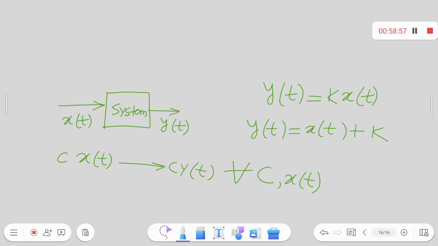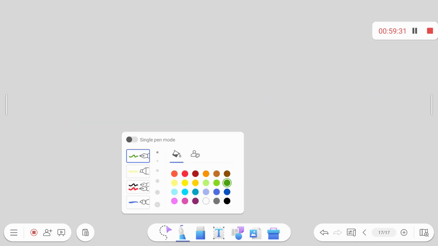No. a x of t plus c is additive? No. It has to be additive but not homogeneous. Very tricky. I am giving the example of such a system.